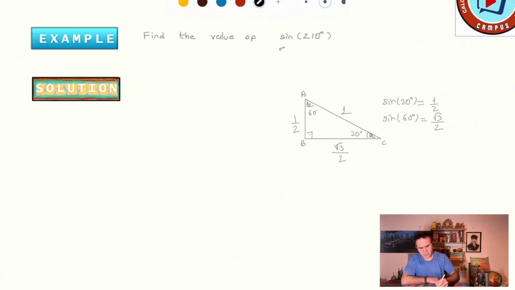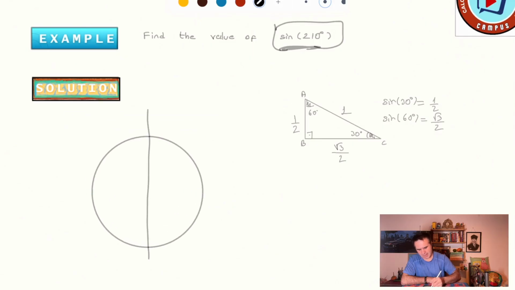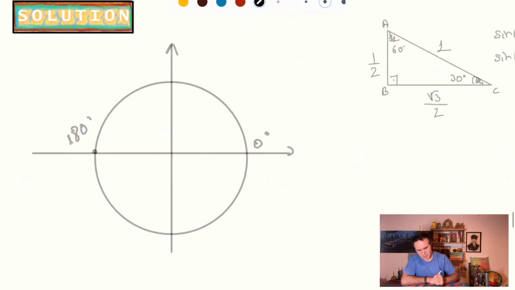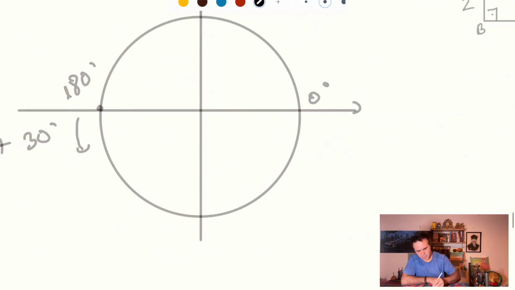And in order to find sine of 210 degrees, we need to use the unit circle again. And we have here 0 degrees, we have here 180 degrees, and for 210 degrees we need to go here in this direction plus 30 degrees.